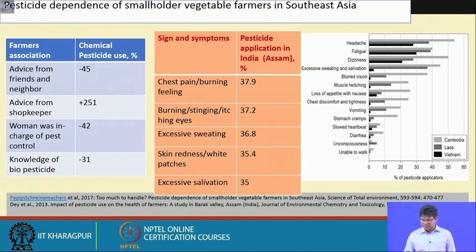There are also some less frequent complaints, such as stomach cramps, slow heartbeat, diarrhea, unconsciousness and being unable to walk.